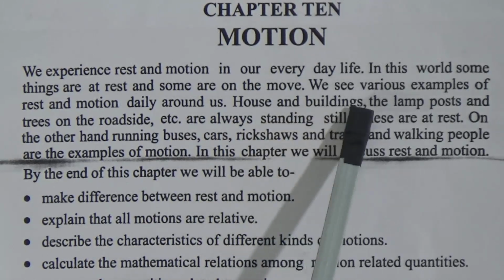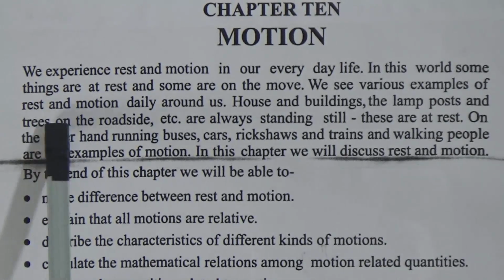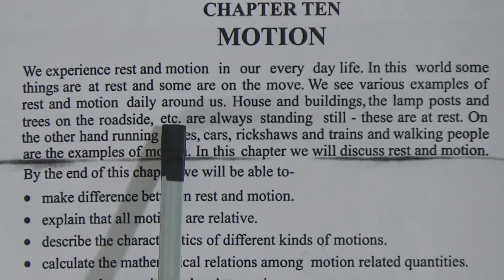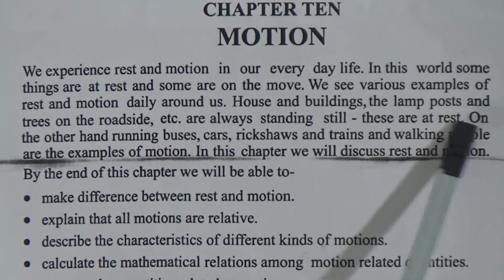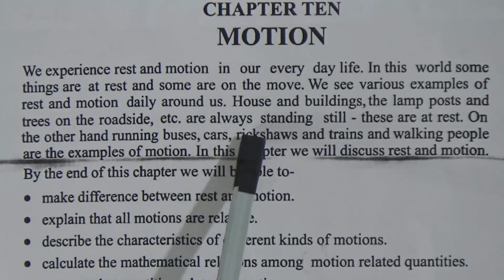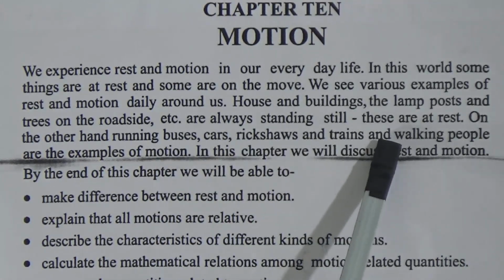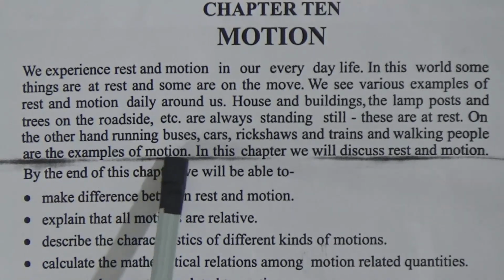Houses and buildings, the lamppost and trees on the roadside, etc. are always standing still. These are at rest. On the other hand, running buses, cars, rickshaws and trains and walking people are examples of motion.